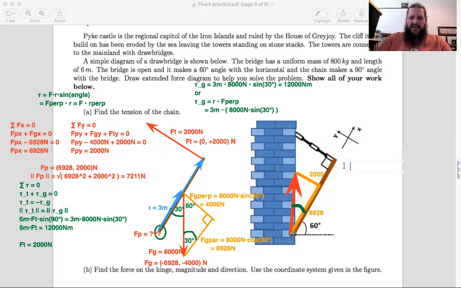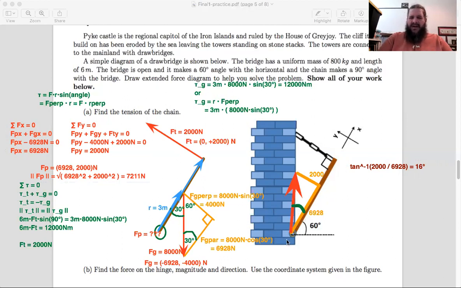We can say that tangent of this angle is opposite over adjacent, 2,000 over 6,928. So we take the inverse tangent of that. And let's see what we get. Inverse tangent, 2,000 over 6,928, about 16 degrees. So that means the force of the hinge is 16 degrees elevated from the drawbridge itself.